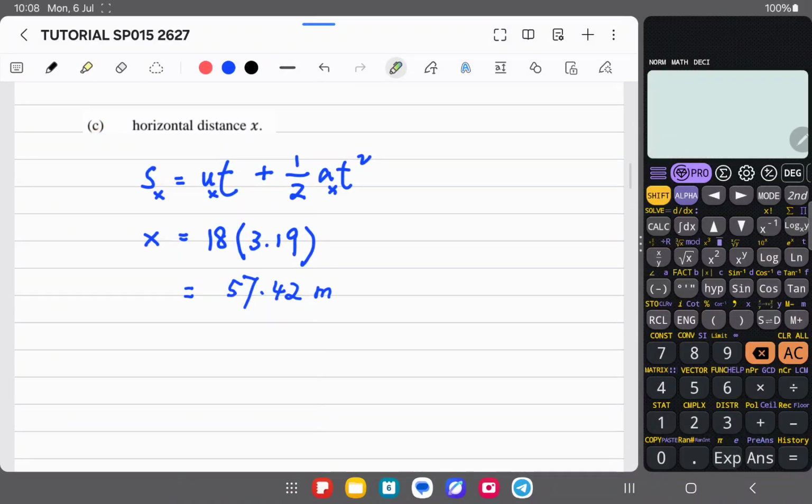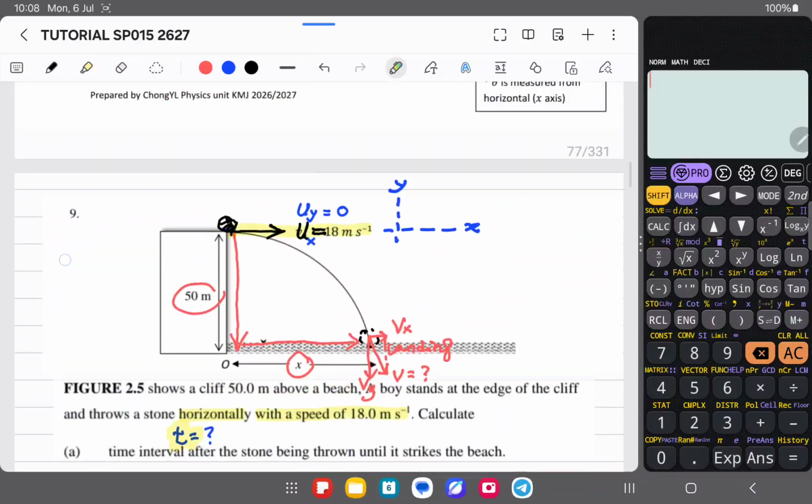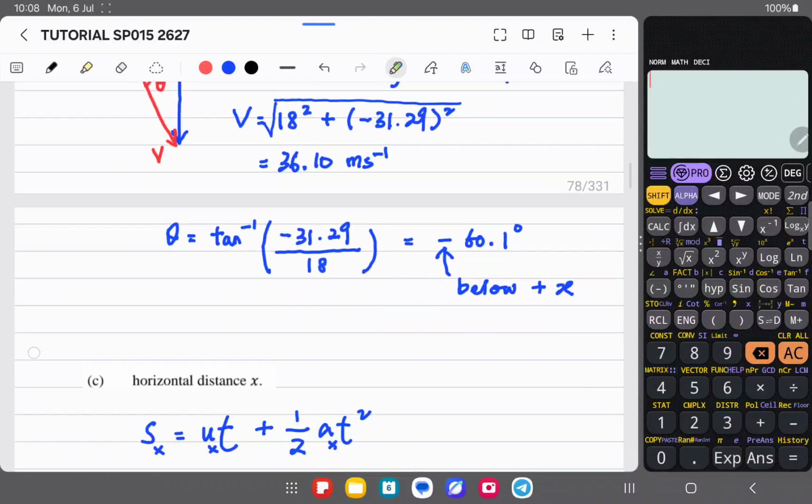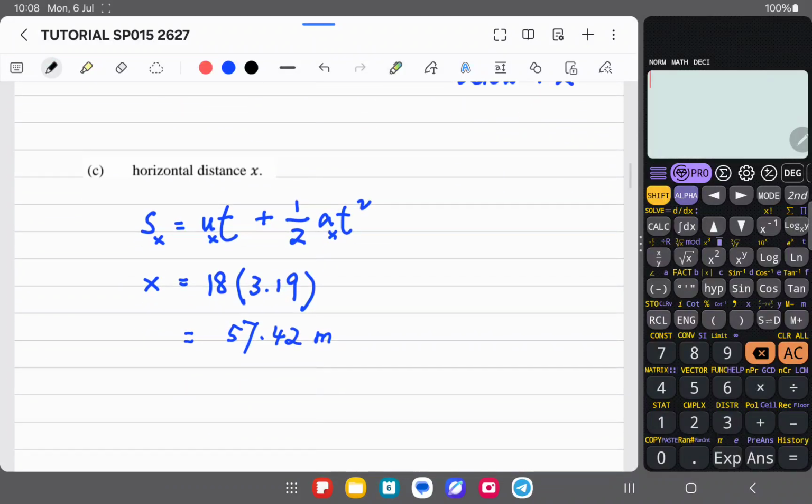Then question C. We need to calculate the horizontal distance traveled by the stone before it strikes the beach. That one is represented by Sx or x. So for the horizontal distance, we consider the x motion. We use the kinematic equation again: S is ut plus half at squared.